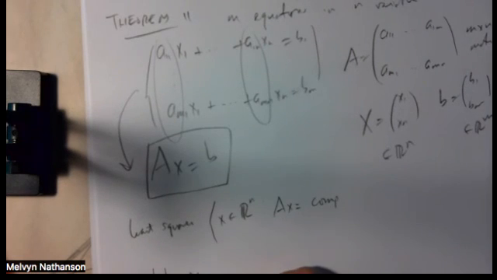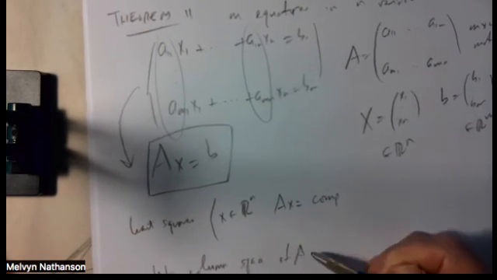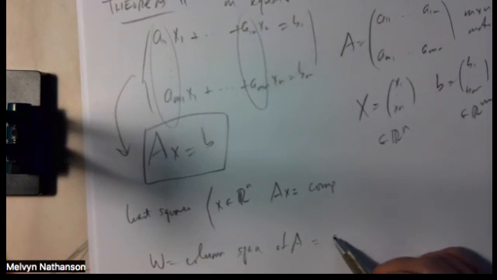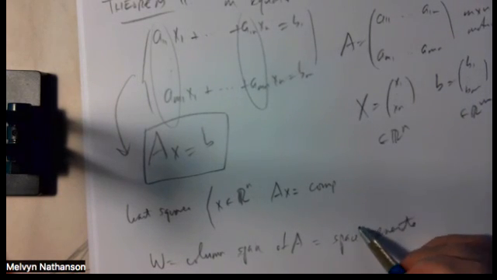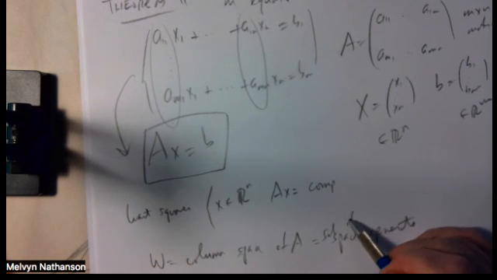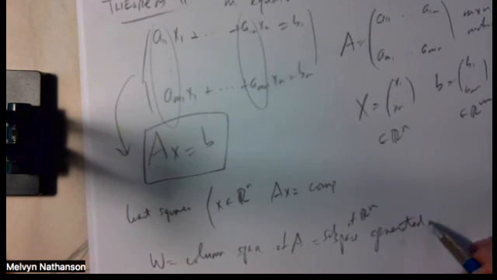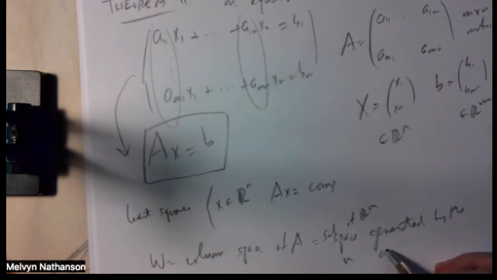W is the column space of A, the subspace of Rm generated by the n column vectors.